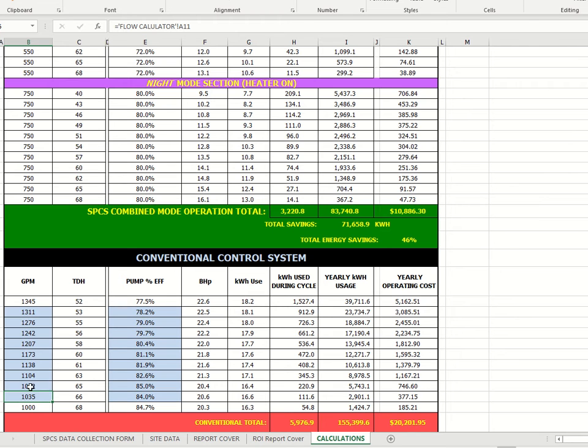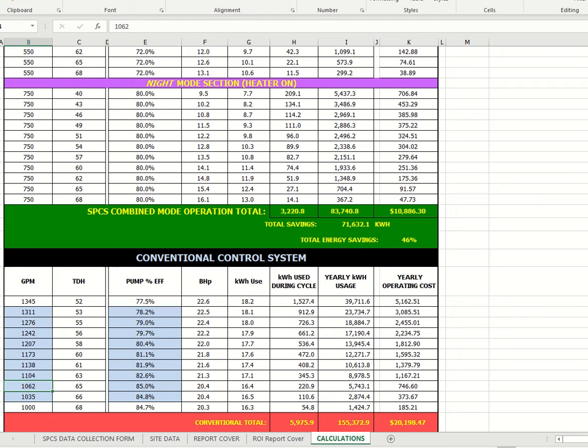So now what we need to do is sort of split the difference between these values, and that's about 84.8. Sorry, 0.8, not 0.9. And this flow is probably still good at 1035, pretty close to in the middle there.